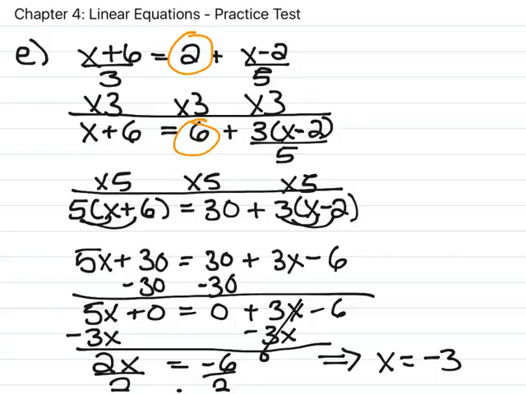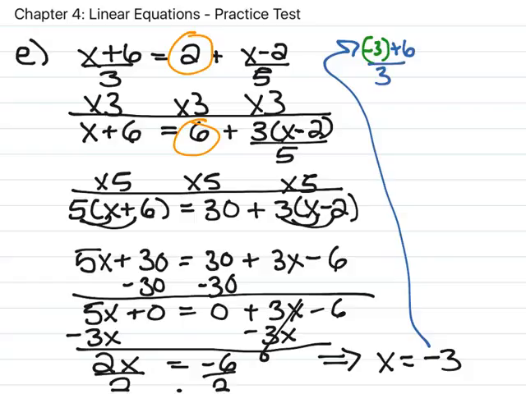So now we can check this by plugging it back into the original equation. So we're going to have negative 3 plus 6 divided by 3 is equal to 2 plus negative 3 minus 2 divided by 5.